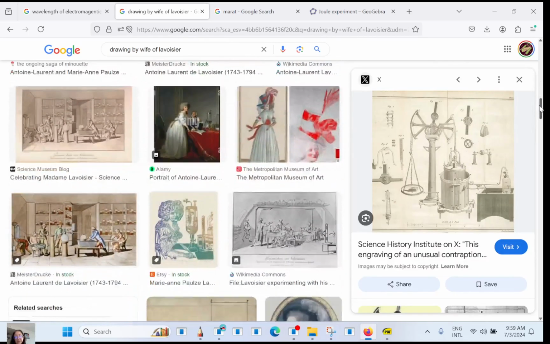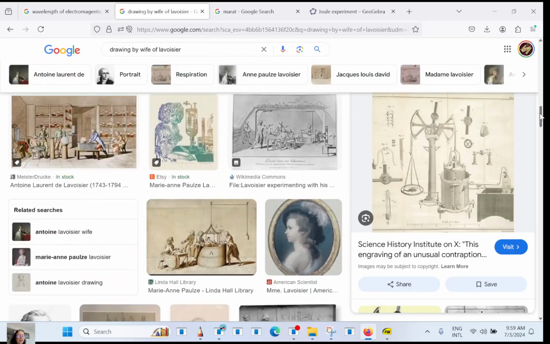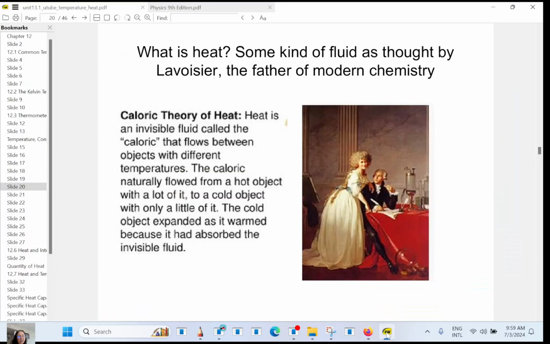He was really the first one to carefully, meticulously do all those experiments. Unfortunately, he lost his head in 1794. I think he was only 50 years old, because it was the French Revolution.